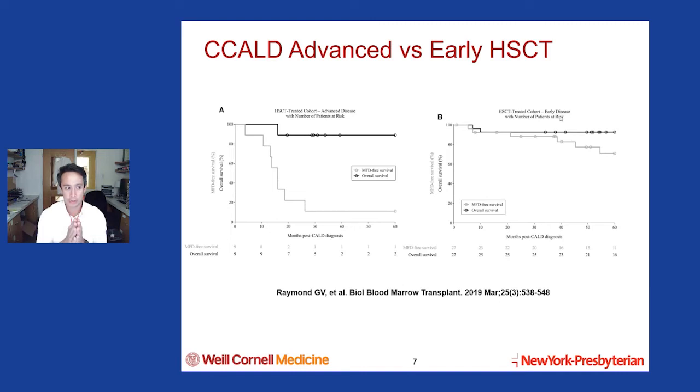And if you can treat patients in that window of opportunity before they become symptomatic, as you can see, not only do they survive, but the vast majority of patients have their disease halt before they develop neurological symptoms.